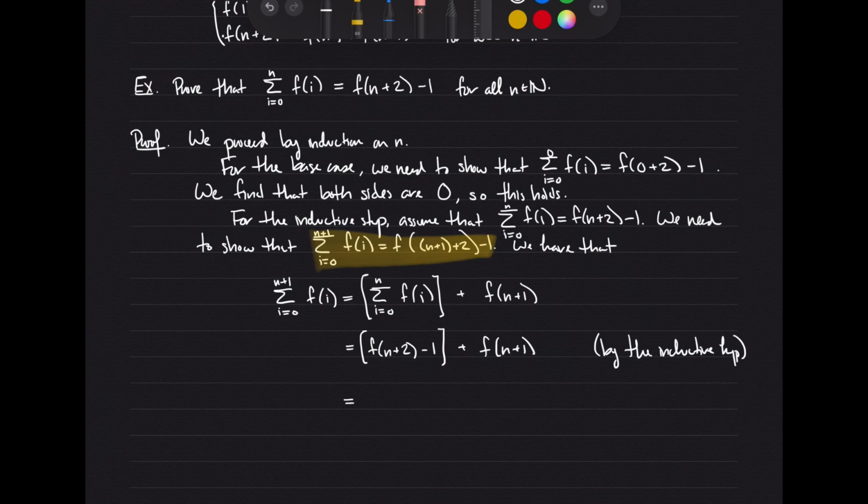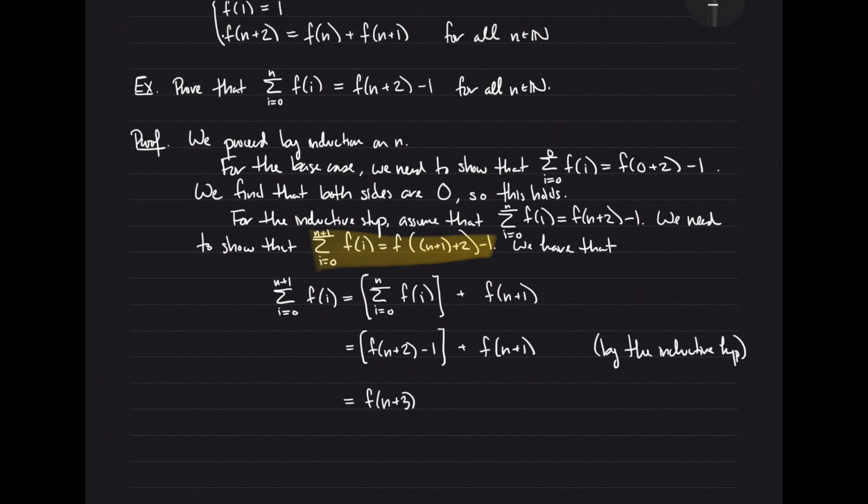But we know that f of n plus 2 plus f of n plus 1 is equal to f of n plus 3. That's the formula for f of n plus 3. You would plug in n plus 1 everywhere that you see n in the definition up at the top, and you'll find that f of n plus 1 plus 2 equals f of n plus 1 plus f of n plus 1 plus 1.